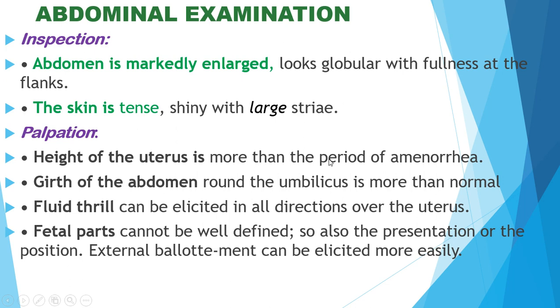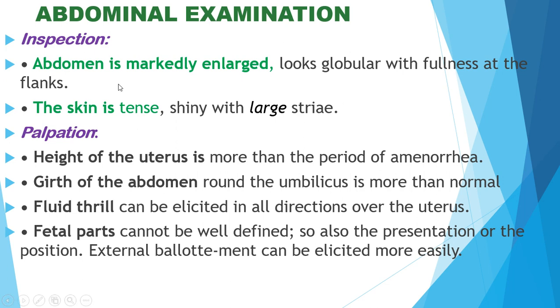Then palpation. The height of the uterus is more than the period of amenorrhea, and the girth of the abdomen is round. The umbilicus is fully filled, like a flat umbilicus.